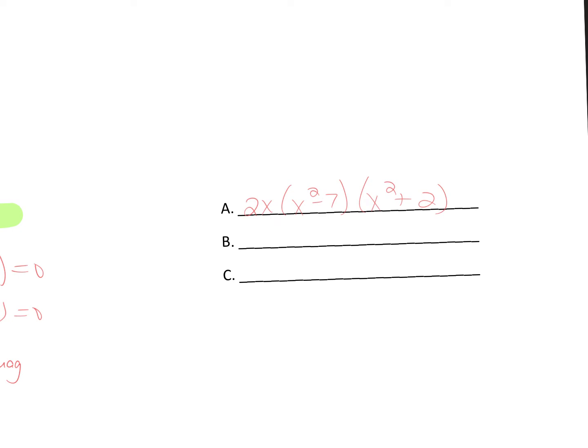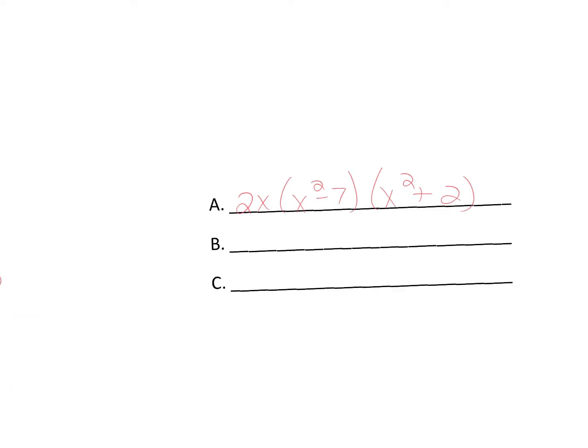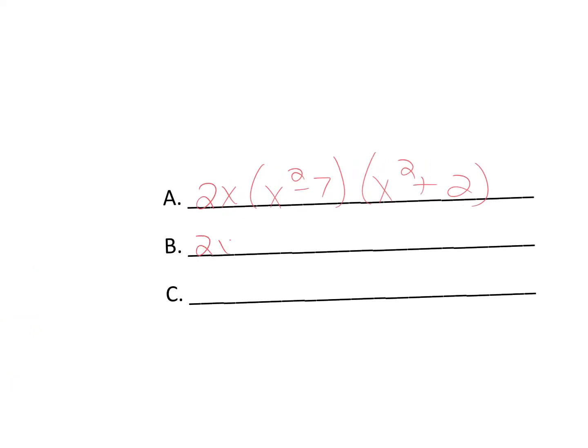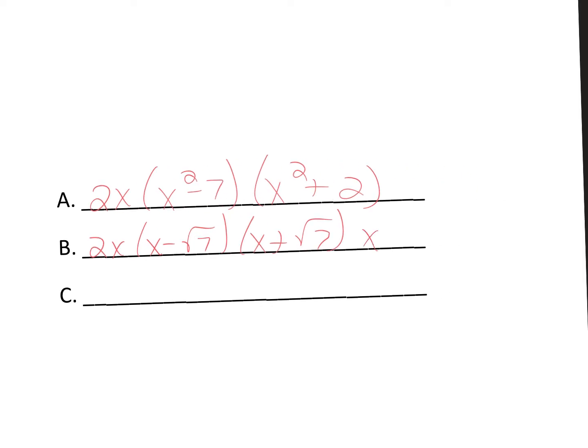Because I can still break down x squared minus 7 and get a real number. It's just yucky. So over the rationals means pretty. Over the reals means break down anything that would give you a real answer. So that would look like this: 2x times x minus root 7, x plus root 7. That's a real answer, but it's not pretty. Remember, rational means pretty.